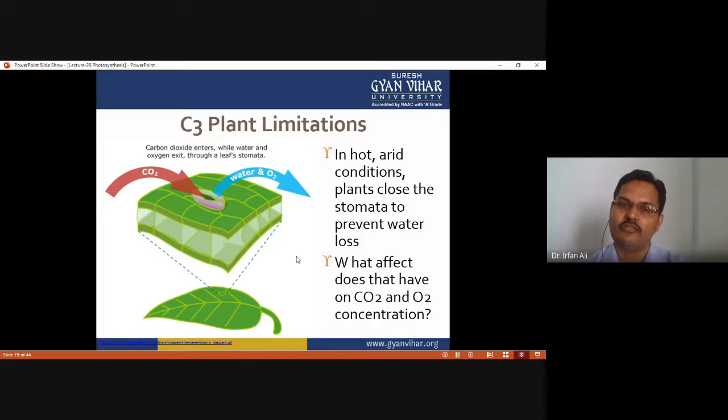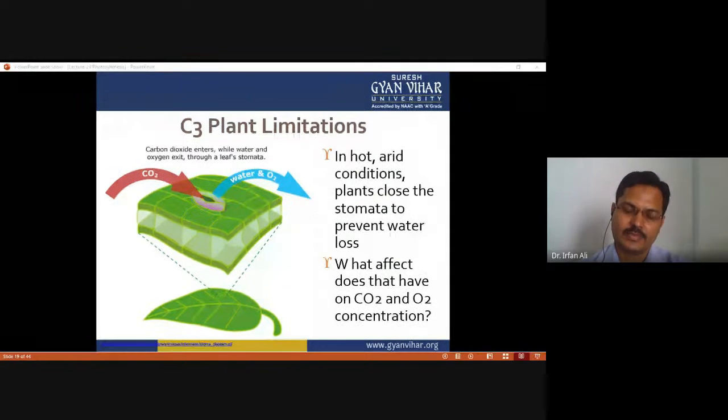What are the limitations of C3 plants? In hot and arid conditions, the plant closes its stomata to prevent water loss. But if a plant cannot open its stomata, how is carbon dioxide taken in for the Calvin cycle to continue? A problem arises. The plant also needs to save water. So what effect does that have on CO2 and O2 concentration?